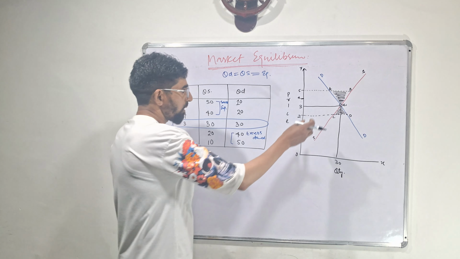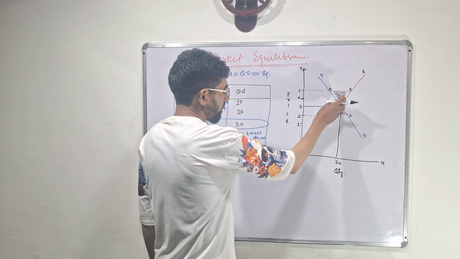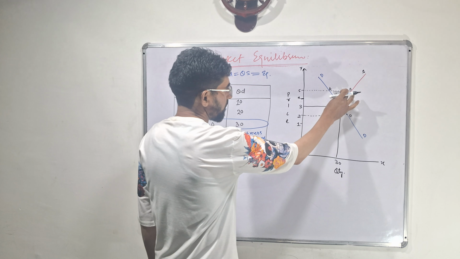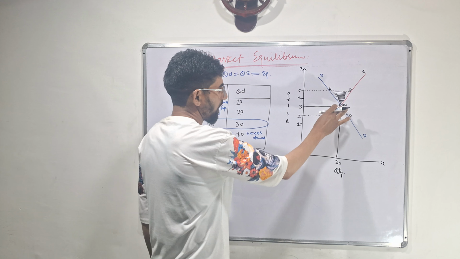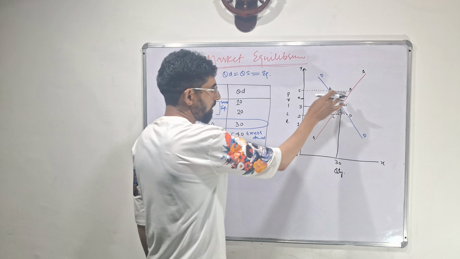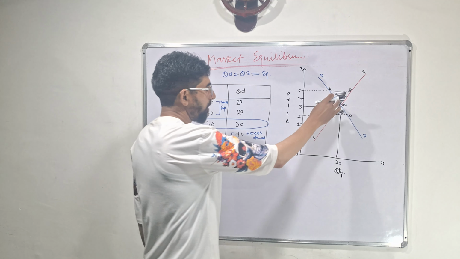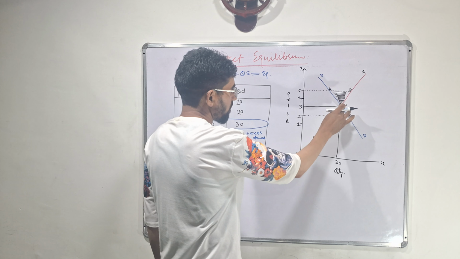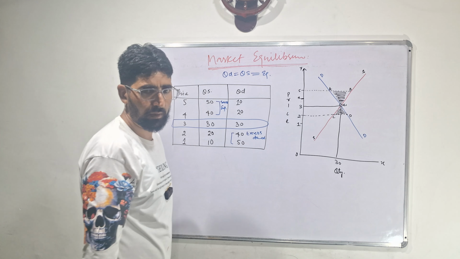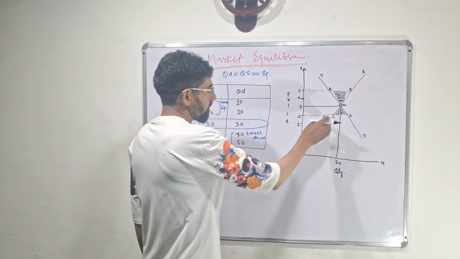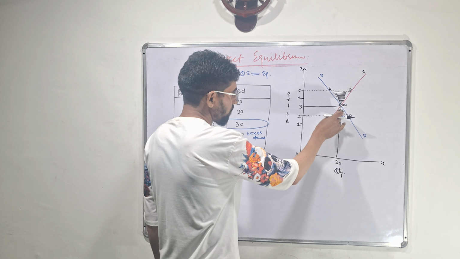Now, how to correct this, how to return back to the equilibrium point, how can this quantity supply be reduced so that we return to the equilibrium price E1. Similarly, what will be the situation?